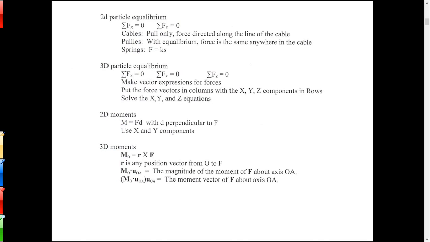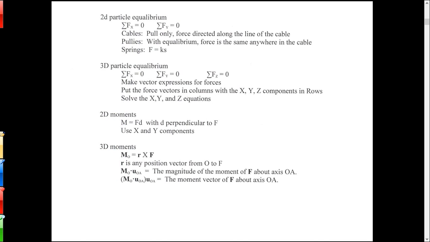On the back, you'll see the same physical setup as on the front, with the same dimensions, and I'm saying use those vectors off the front to solve the stuff on the back. I'm doing that to save time, so don't find the vectors all over again. Use the ones you already found.